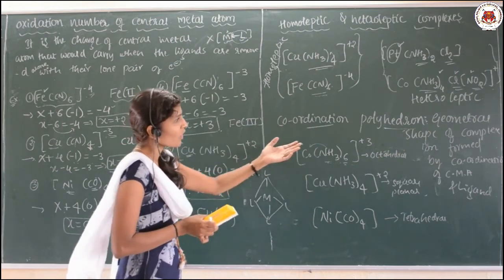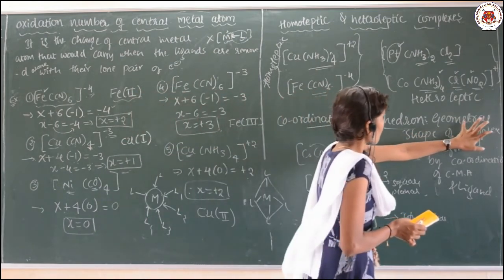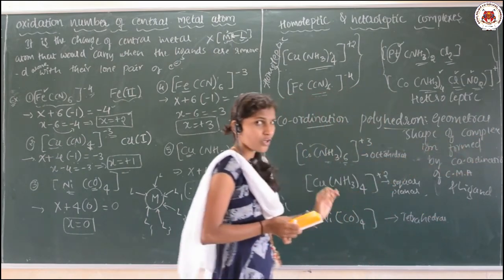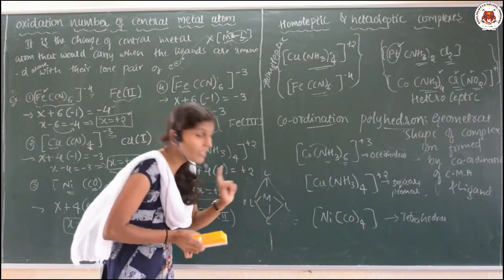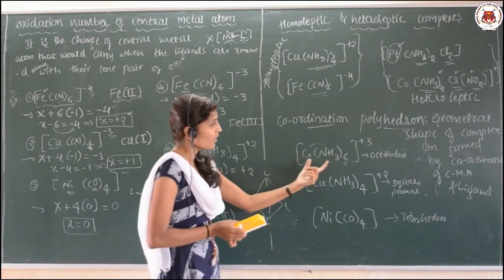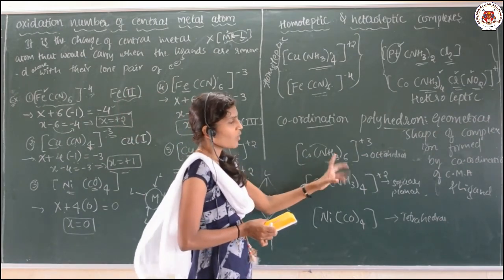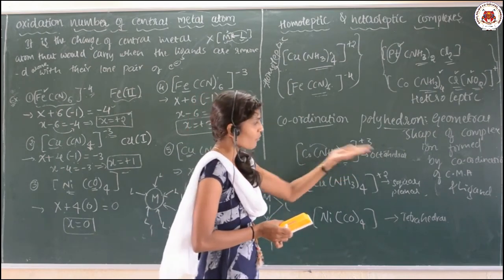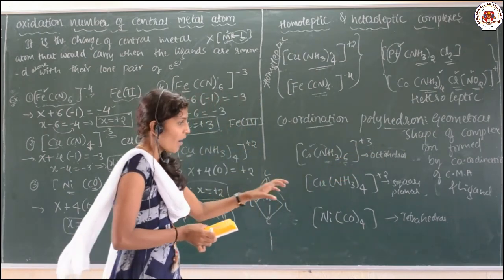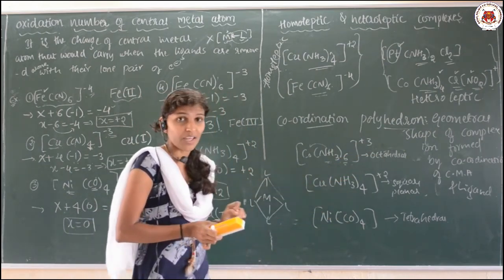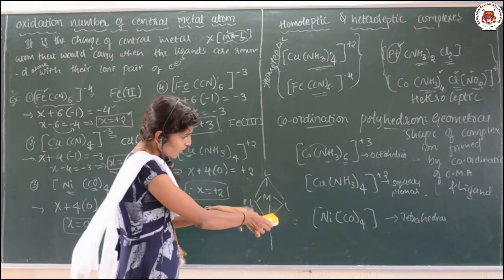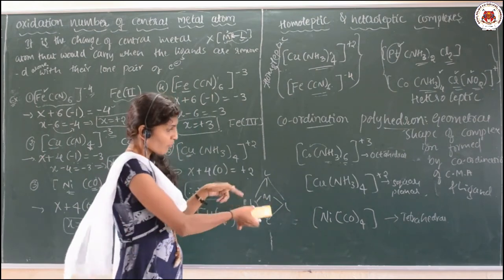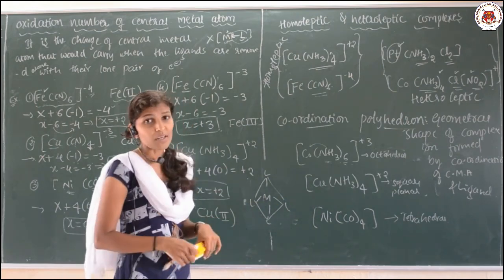In definition, it is the geometrical shape of the complex ion formed by the coordination of the central metal atom and the ligand. Example here, 6 NH3 are there. 6 means octa, so its shape will be octahedral. And whenever 4 ligands are there, it depends upon its arrangement. If it is arranged like this, it is tetrahedral. If it is as I previously showed you, that will be square planar.